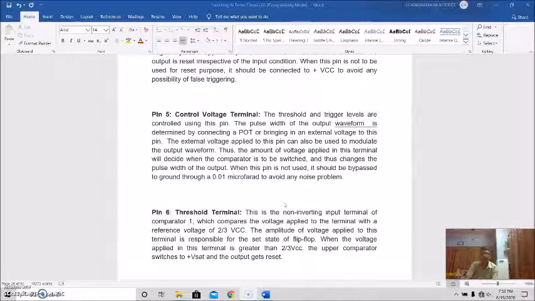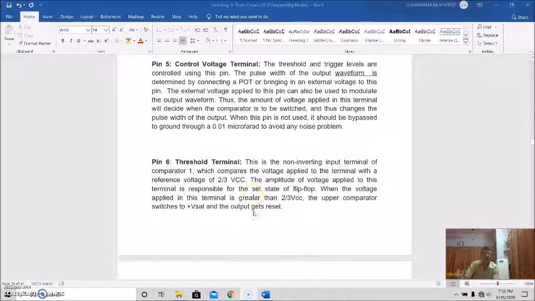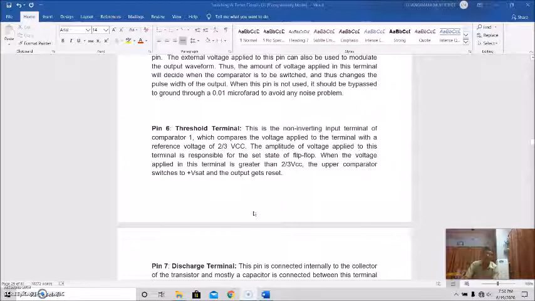Pin 6 is the threshold terminal, because this is the non-inverting input terminal of comparator 1, which compares the voltage applied to the terminal with a reference voltage of 2/3 of supply voltage VCC.